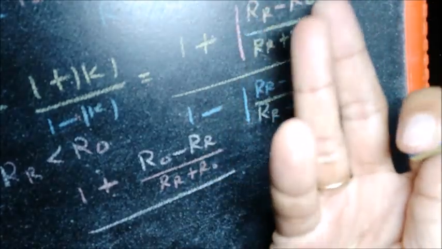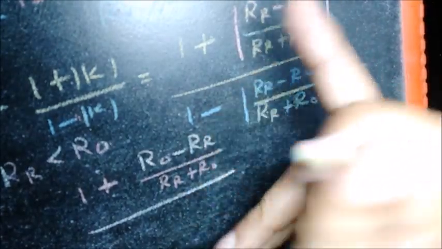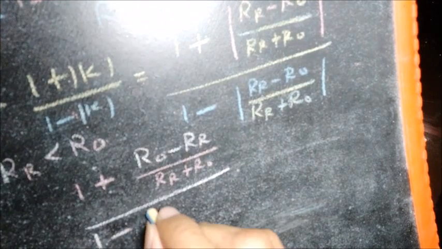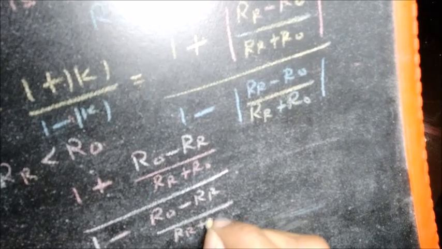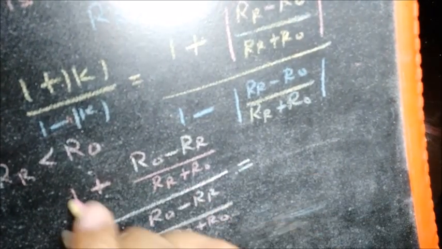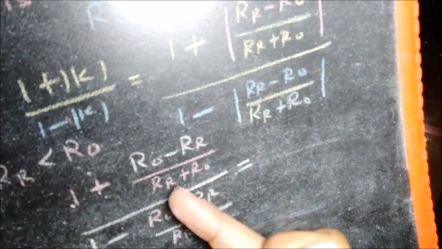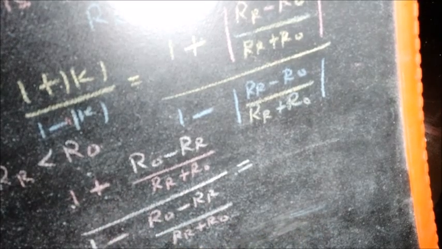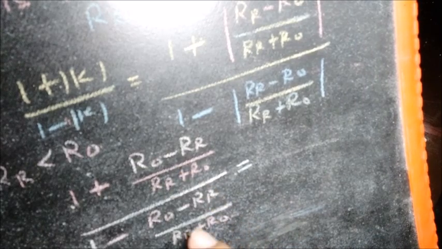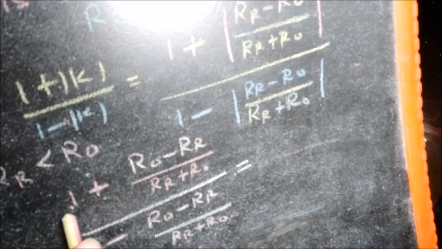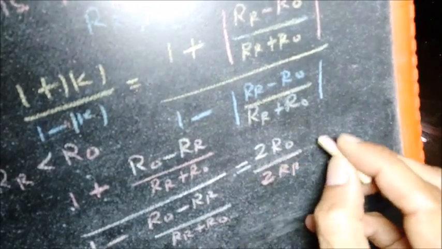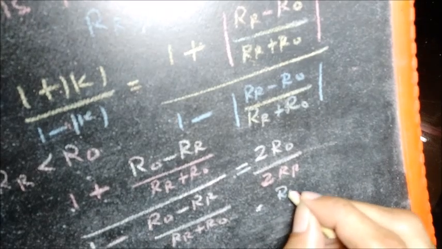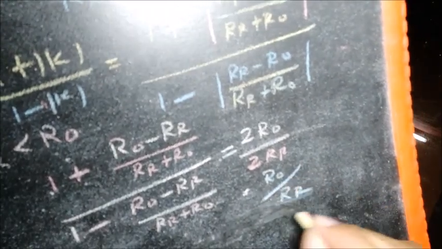So when you take the magnitude, you take the positive of that number, which is the same as R naught minus RR, divided by 1 minus R naught minus RR by RR plus R naught. By using the same argument, RR plus R naught comes here, in the denominator they get cancelled, the same denominator in the numerator and denominator here, and you will end up getting now 2R naught by 2RR, that is R naught by RR.